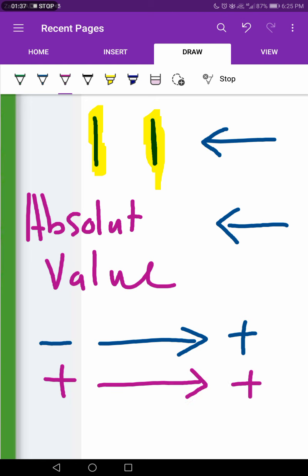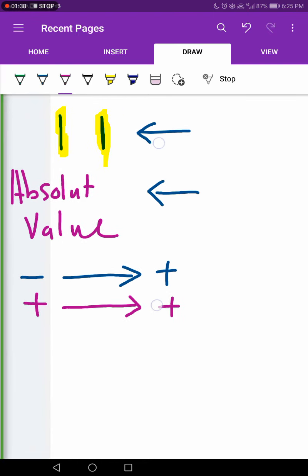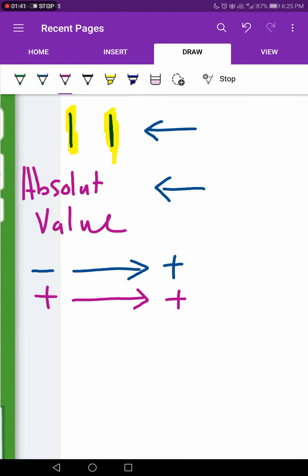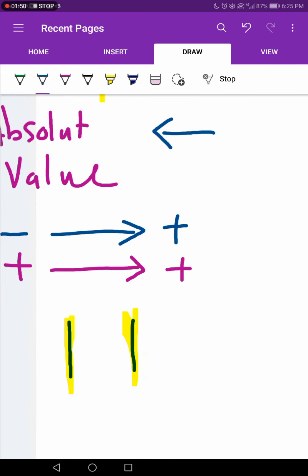Okay, teacher, I don't understand. Let me explain to you. See, if I have the absolute value of -4, it equals 4, just like that.